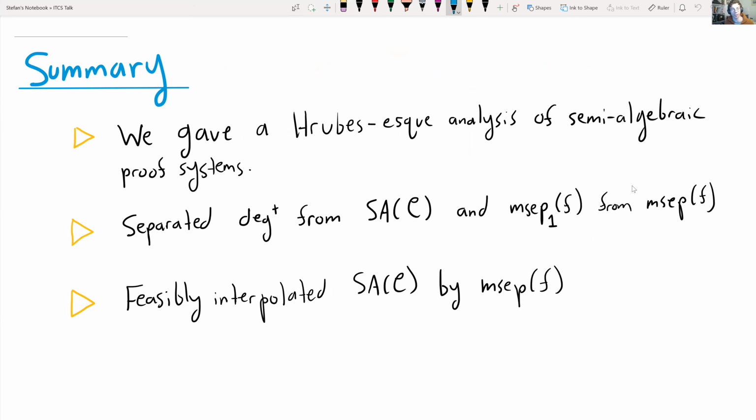As well, we separated conical junta degree from Sherali-Adams degree. And we also separated MSEP1 from MSEP by lifting. And I briefly mentioned as well that we feasibly interpolated Sherali-Adams degree by monotone separation complexity.